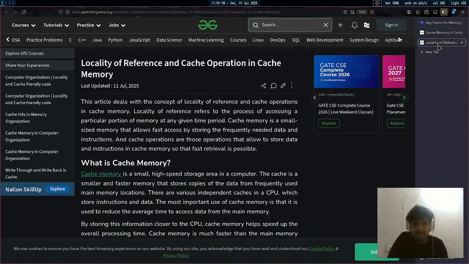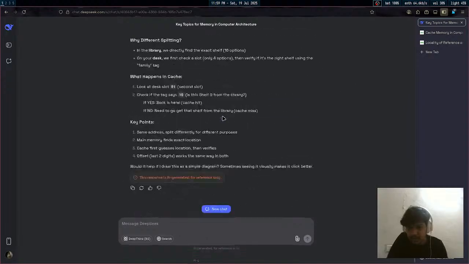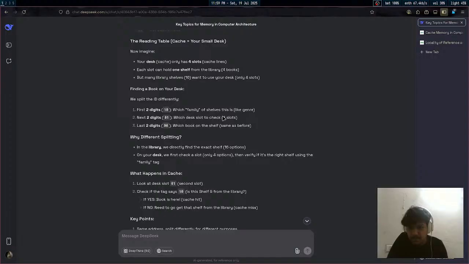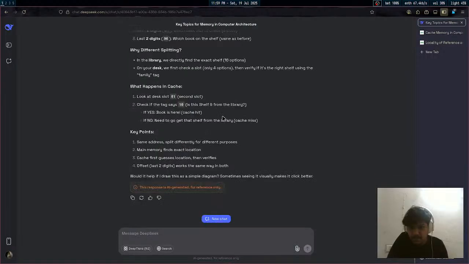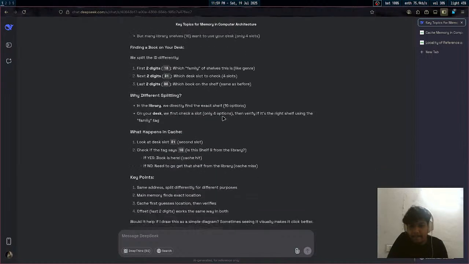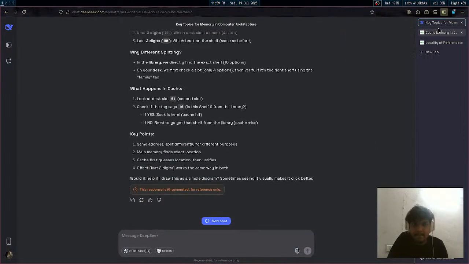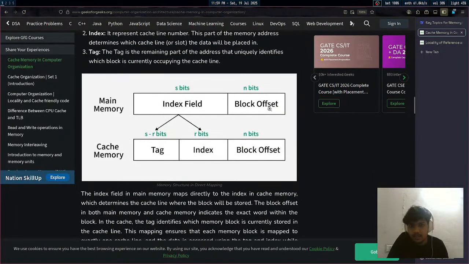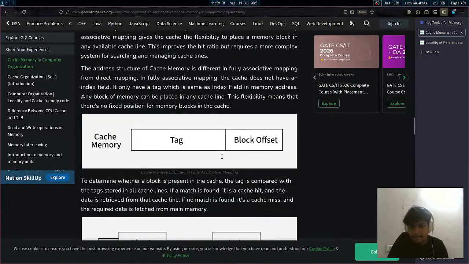Am I right or not? I think I am. So that makes it a bit clear, because it is going to take the same number of bits, right?